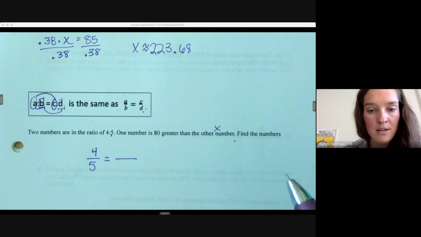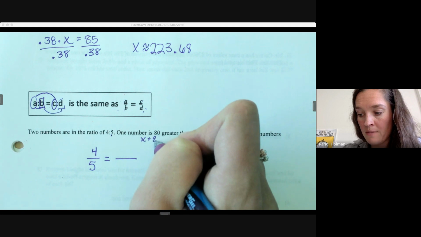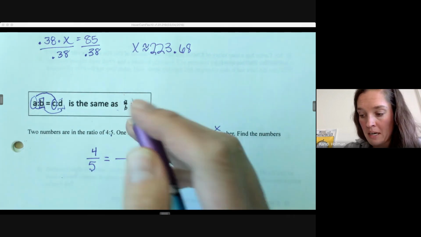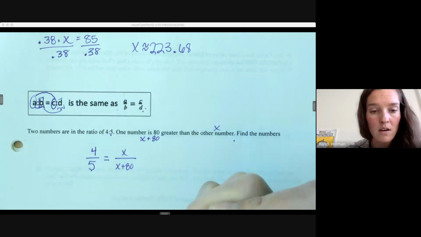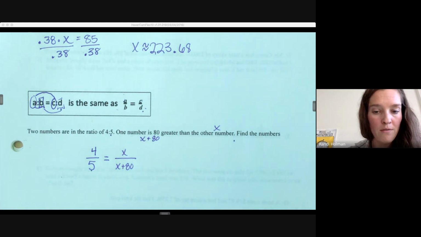So we're going to make the other number x. One number is 80 greater than that. The bigger one goes with the bigger one here. So this is x plus 80, and this is x. So we don't know either of the numbers that we're looking for, but we do know that they have to relate to each other in this ratio of 4 to 5.